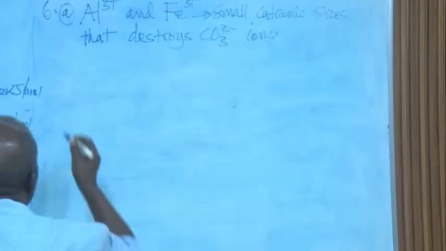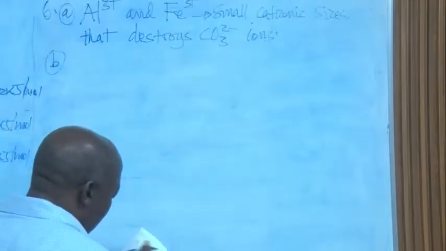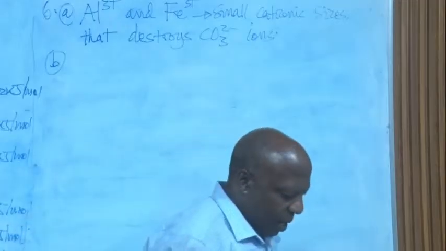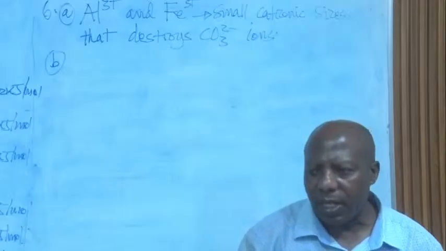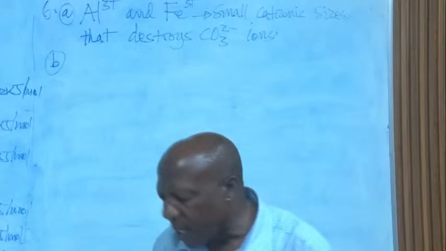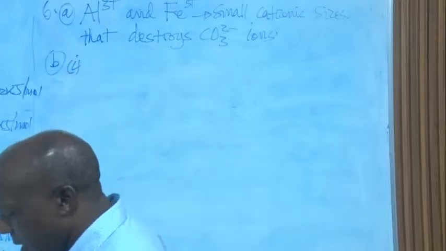Now question number 6b. The question says explain the following observations. These are chemical observations. Then Roman 1. Observation Roman 1.